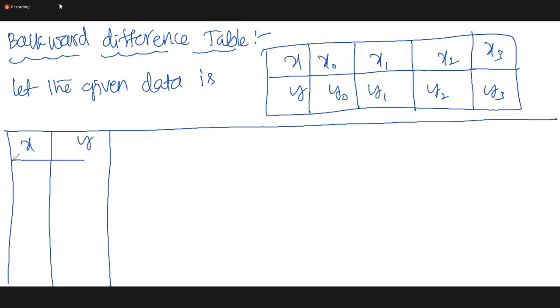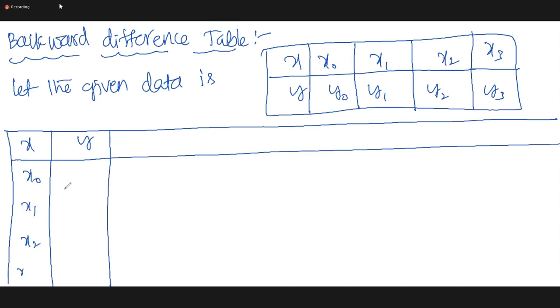x naught, x1, x2, x3, y naught, y1, y2, y3. So first order backward difference, del y.